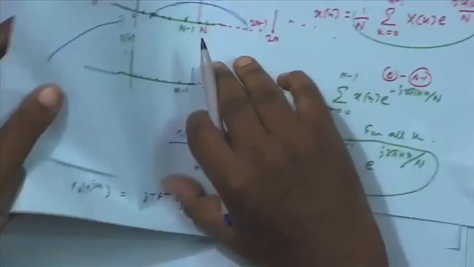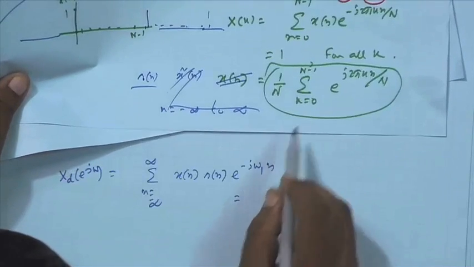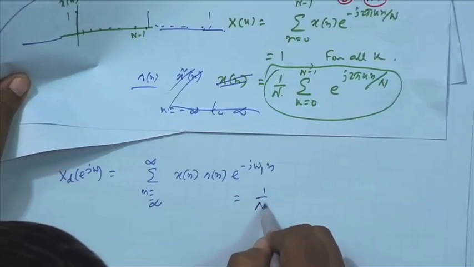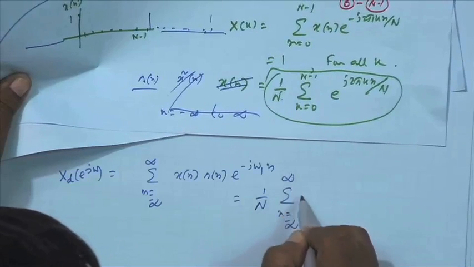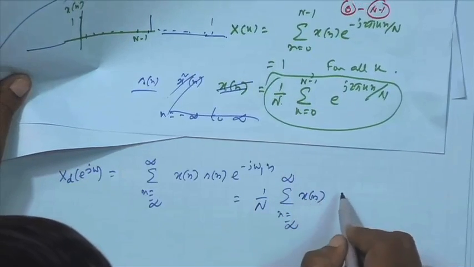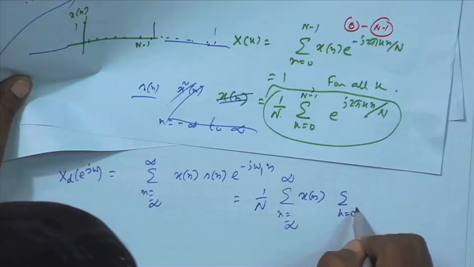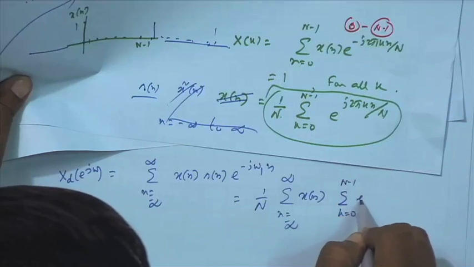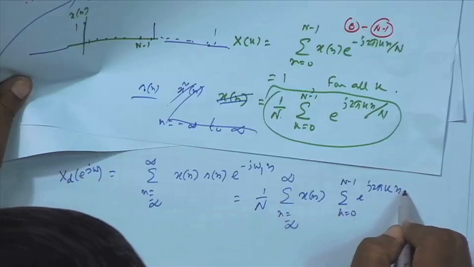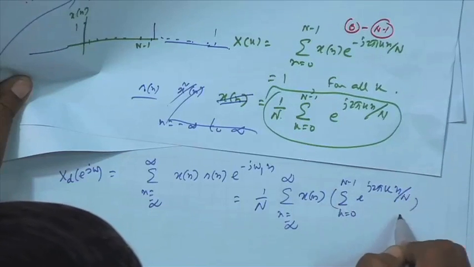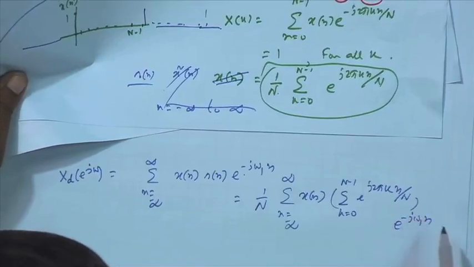So, that I substitute here, this S n I replace by that, 1 by capital M will go out, outer summation as before, x n S n, so summation k equal to 0 to M minus 1 e to the power j 2 pi k n by M, and then multiplied by e to the power minus j omega 1 n.